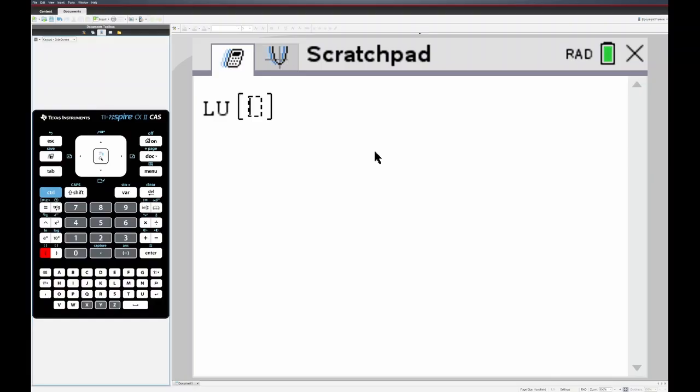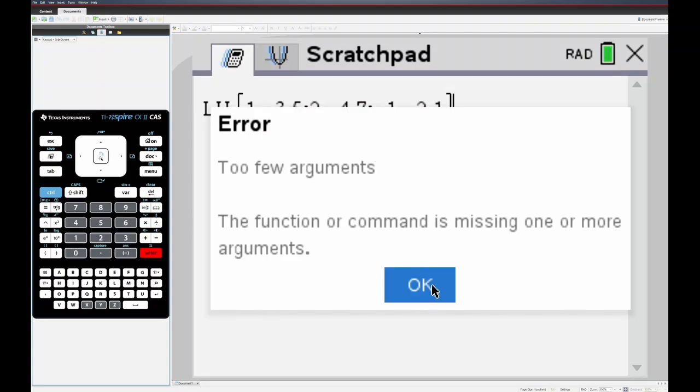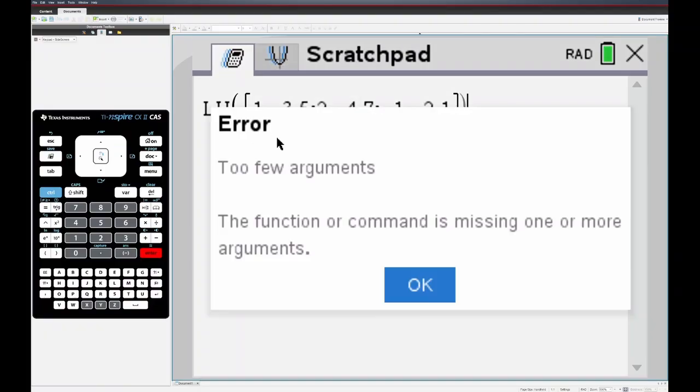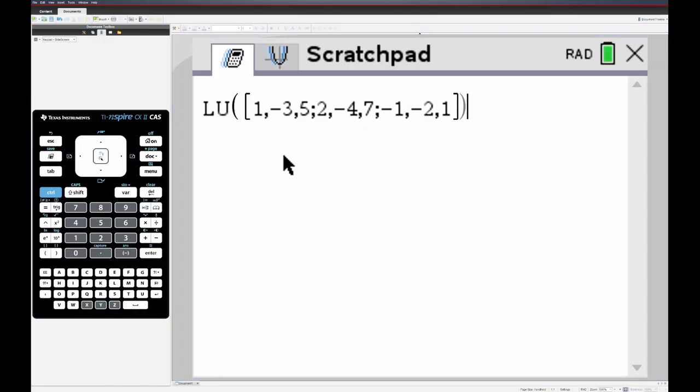So I'm going to start with A, which is what we did previously. Too few arguments. So do I need parentheses then? It just didn't give it to me. No. Okay. Shows how often I use the calculator to do LU.